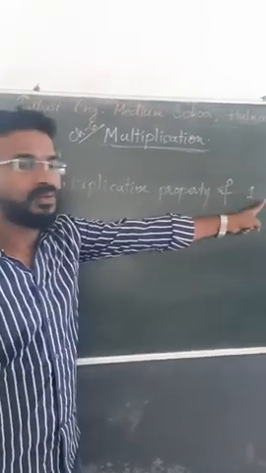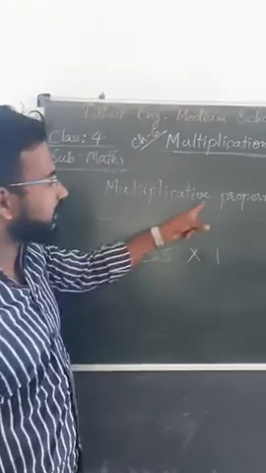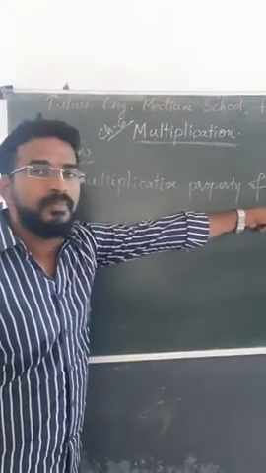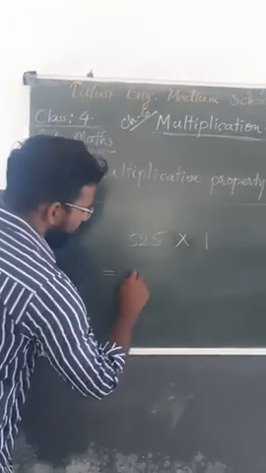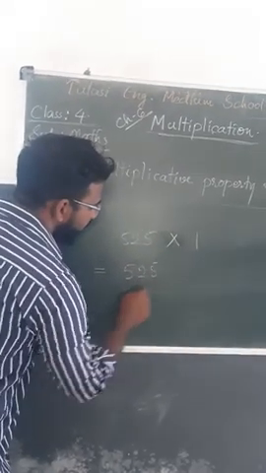Multiplicative property of 1. When we multiply any number by 1, what will be the result? The result will be the same. The number itself.